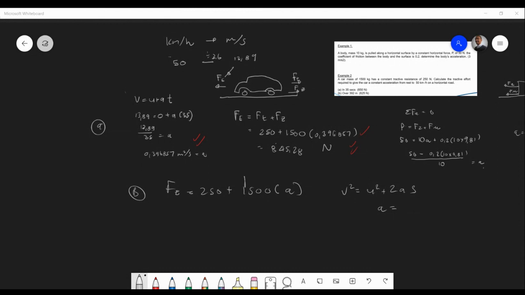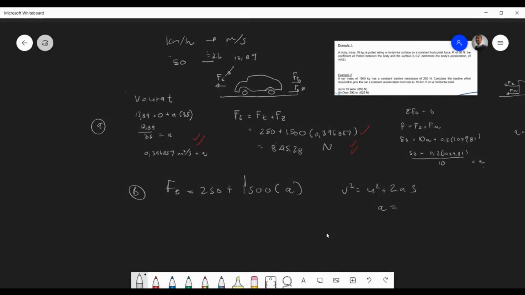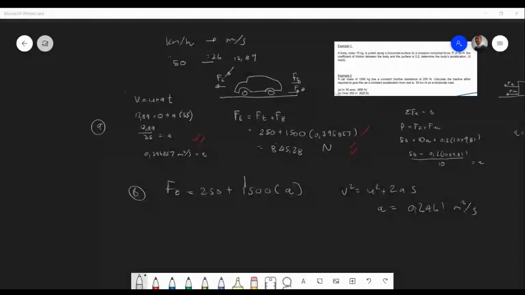Guys, we can't be working with 2 decimal places here, at least 4. And I've even discussed that, and that's very bad of me in terms of significant digits. 0.2461 meters per second squared. Right? Keep it to 4 decimals.